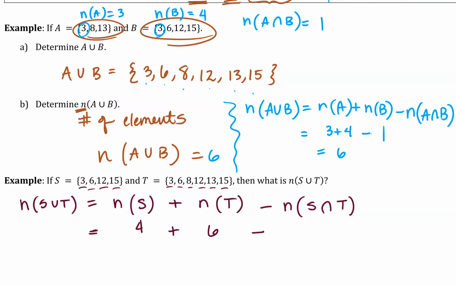How many elements are in their overlap? 3, 6, 12, 15. Okay, so 4. There's 4 elements in their overlap. So 4 plus 6 is 10, minus 4, it's 6. So that's how we use the formula to calculate the number of elements in a union.